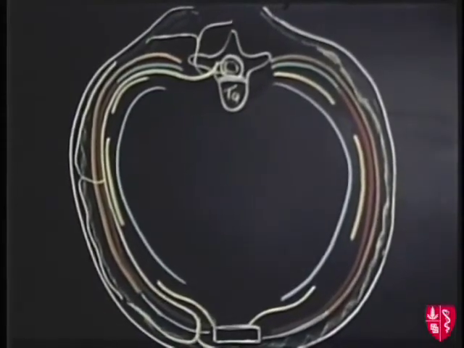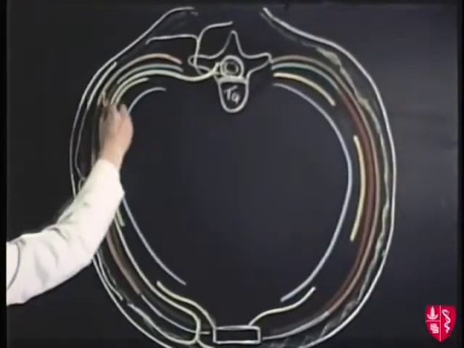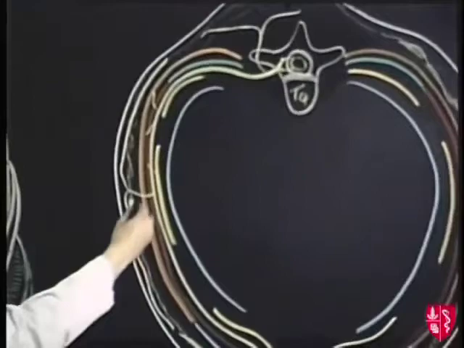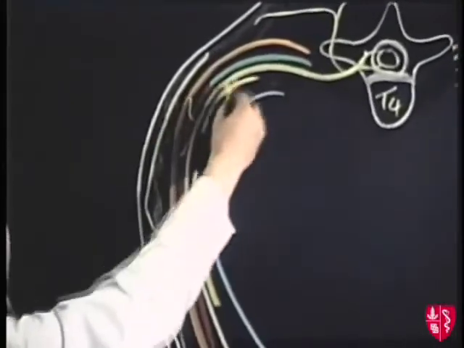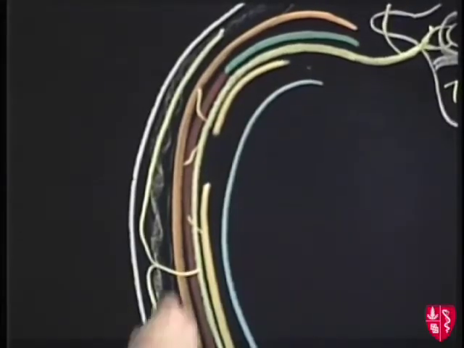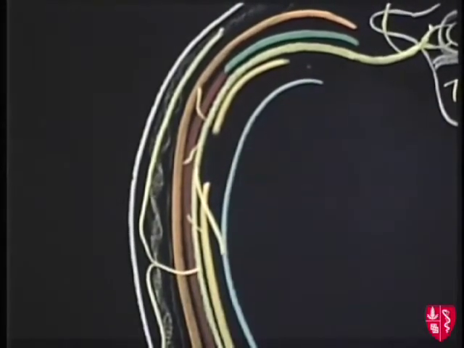Now, what other structures does this nerve supply? It supplies the intercostal muscles, all three layers: the external intercostal muscle, the internal intercostal muscle, and this incomplete transversus thoracis. It also supplies the parietal pleura.